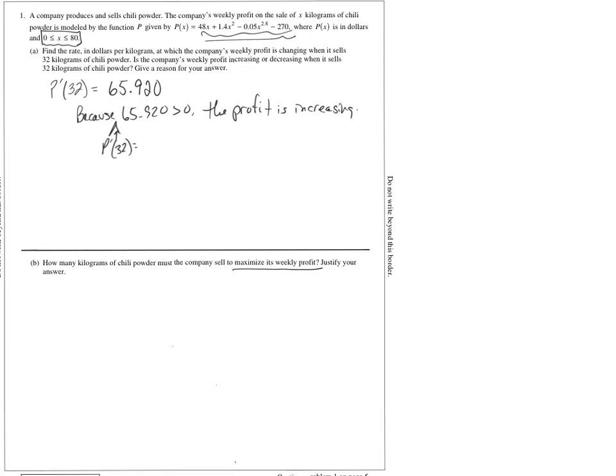So we do want to look at P prime, and we're just going to use the power rule. For 48x, the derivative is 48, and then we get 2.8x to the first, and we multiply 2.8 by negative 0.05, so that's minus 0.14 x to the 1.8, and then the derivative of negative 270 is 0.